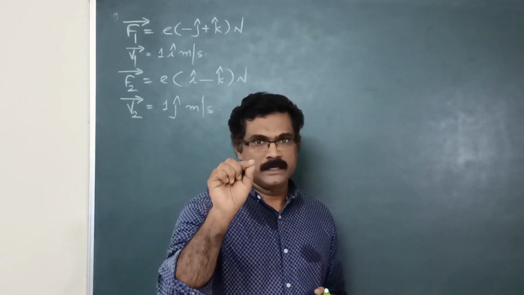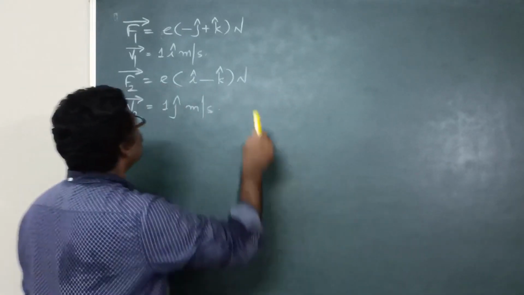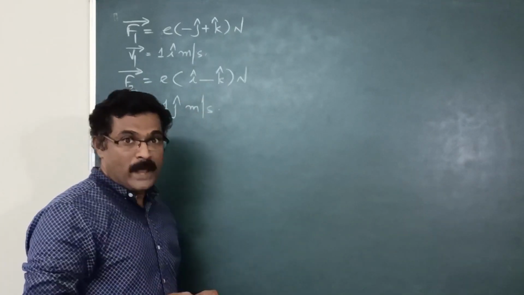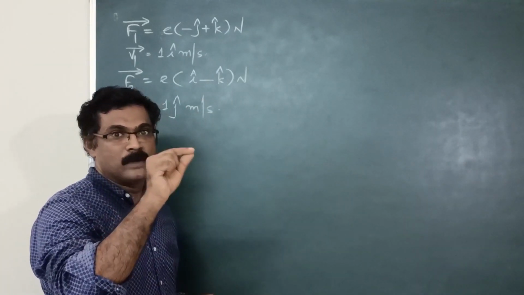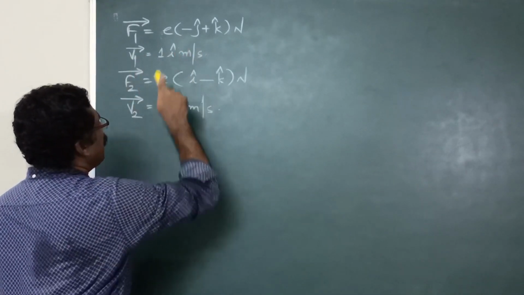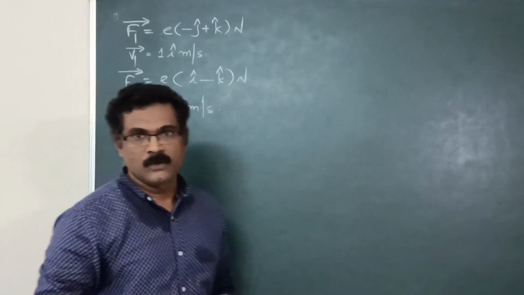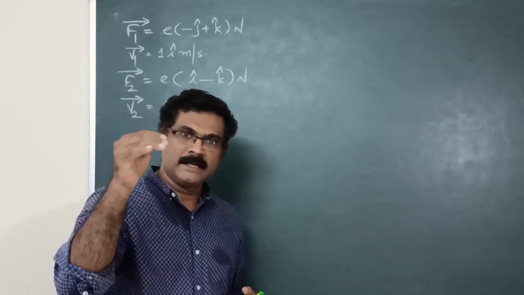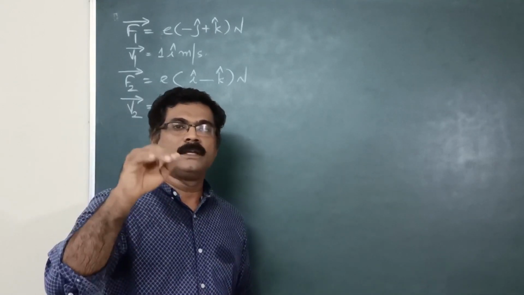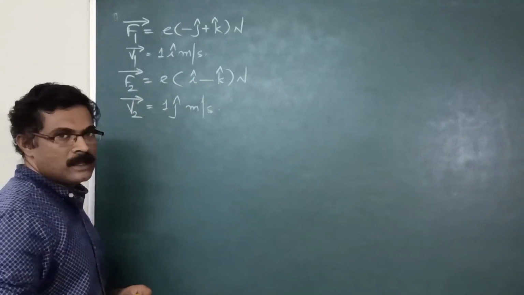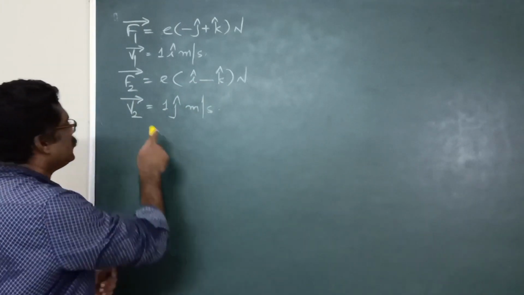At a point, it experiences a force F1 given by this value, when the charged particle has a velocity at that point v1 equal to 1 i cap meter per second. After traveling some distance, it reaches another point, and at that point its force becomes F2 like this, and its velocity is v2.